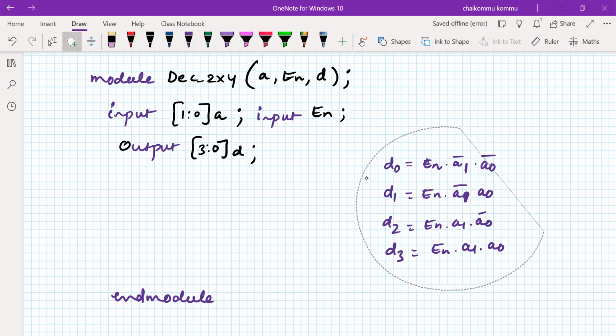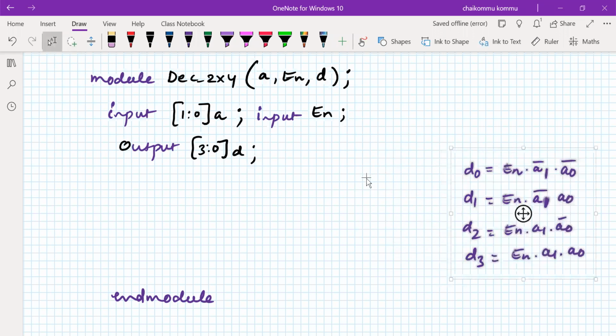So how do I do this? We'll write an assignment statement, in vector notation.